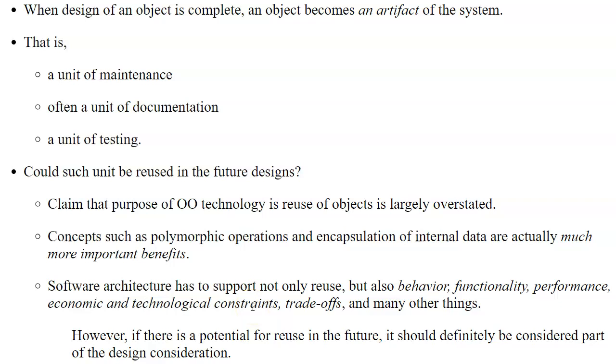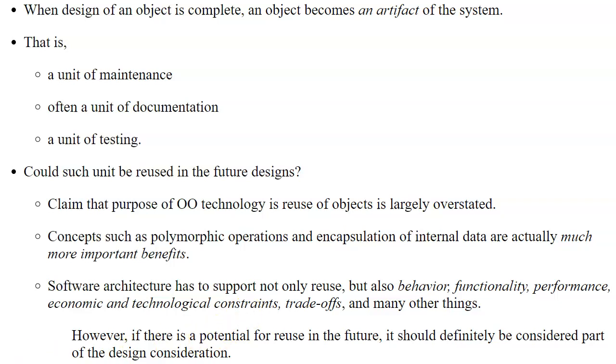We can try to claim that such objects could be highly reusable elsewhere, but that could be quite overstated. So concepts such as polymorphic operations and encapsulation of internal data are actually much more important benefits from having well-defined classes rather than the expectation that a class can be instantly reused somewhere else.